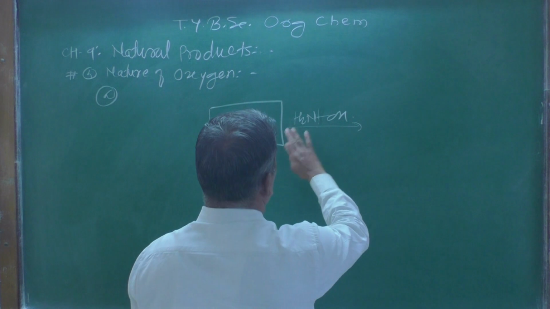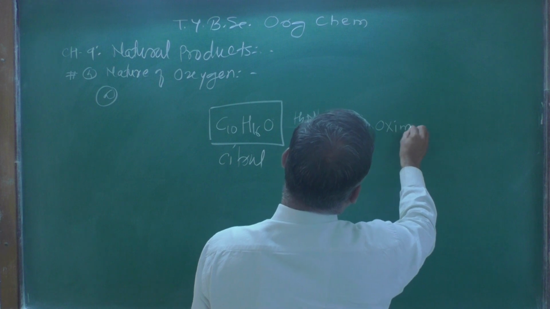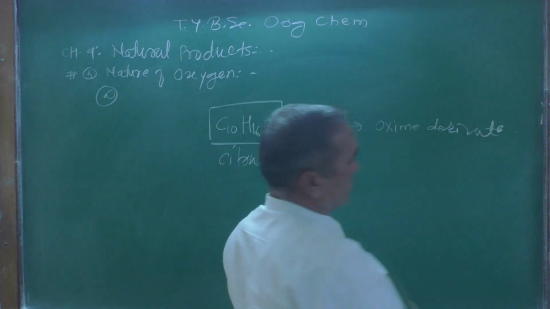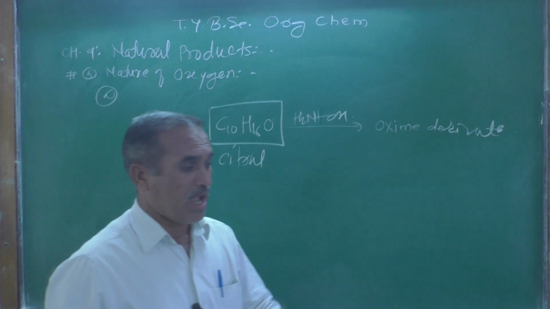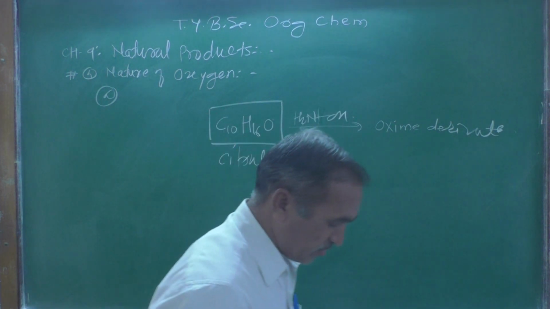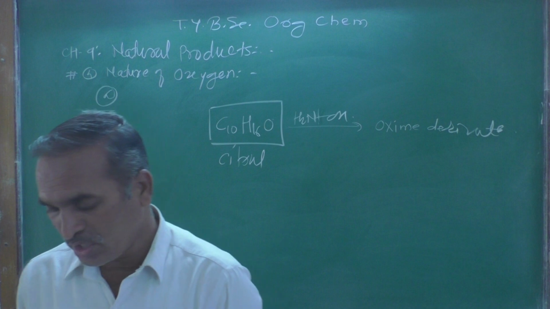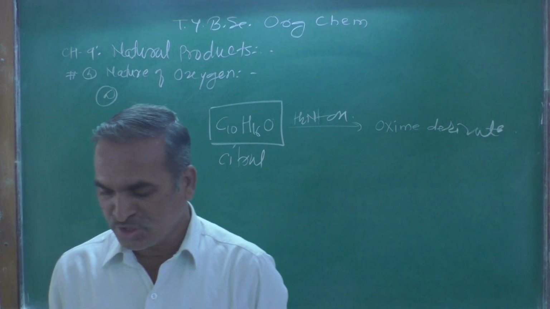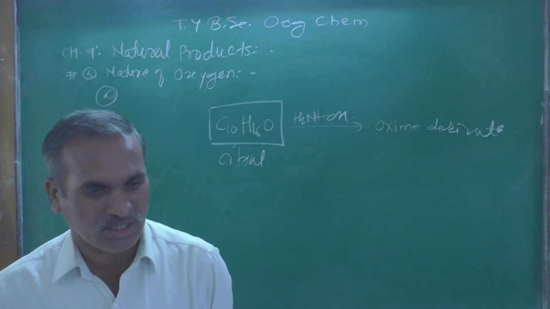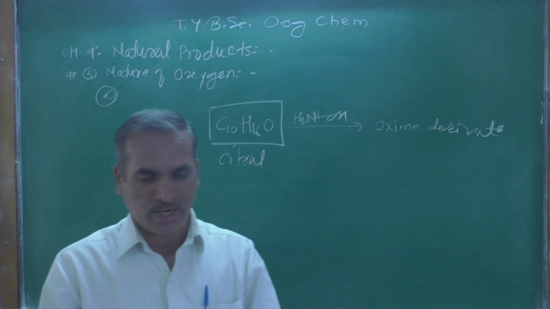When it reacts with hydroxylamine, it forms an oxime derivative, suggesting that a carbonyl group is present, whether aldehyde or ketonic group. Therefore citral contains either an aldehyde or a ketonic group. That is the confirmation we have got here.